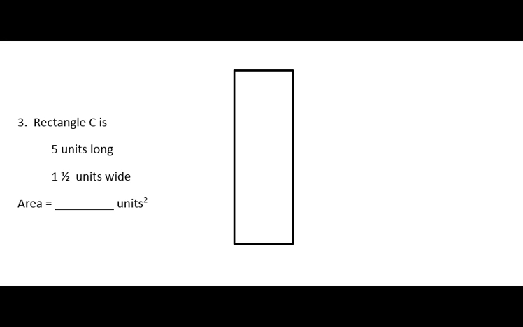Let's look at another example. Rectangle C is 5 units long and 1.5 units wide. So the 5 units in length will run along the side of the rectangle. That means I'm going to divide the rectangle into 5 rows. The width is 1.5, so that means I'm going to divide it vertically into 1 unit and a half unit.